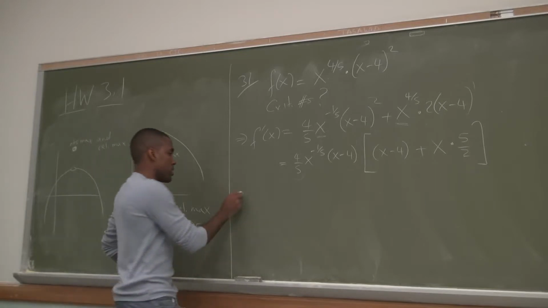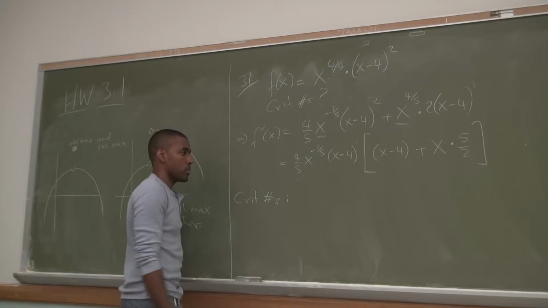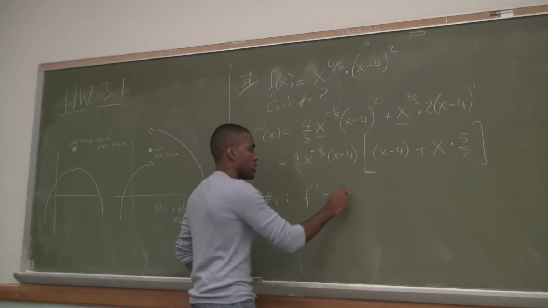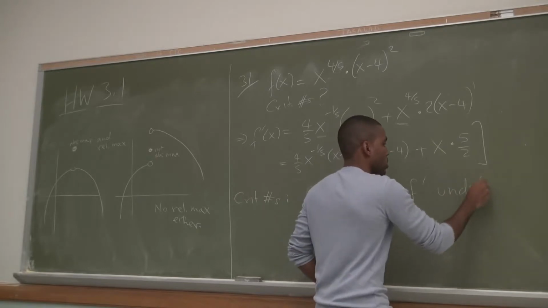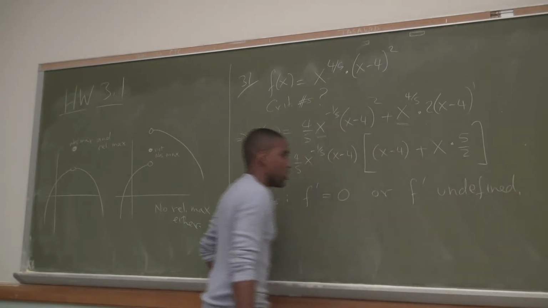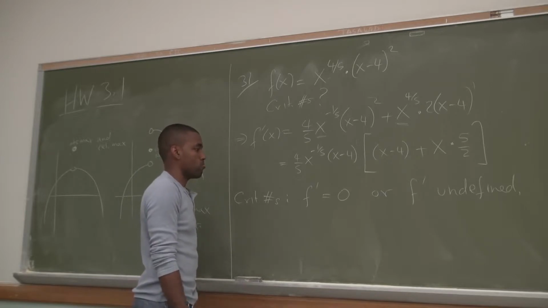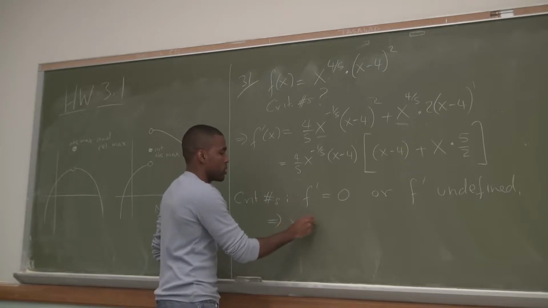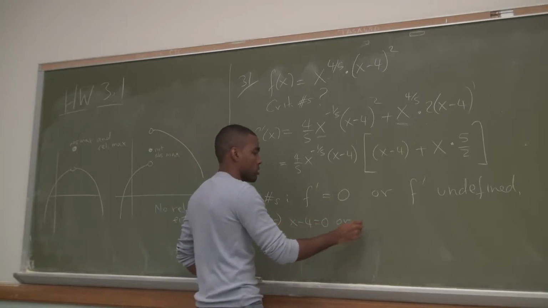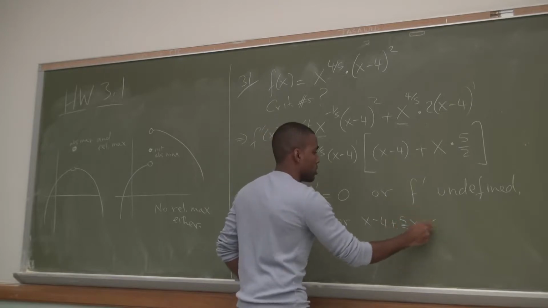Alright, so now how do I find the critical numbers? We need f prime equals 0 or f prime undefined. Okay, so let's do the first one. Where is f prime equal to 0? This means x minus 4 equals 0 or x minus 4 plus 5 over 2 x equals 0.